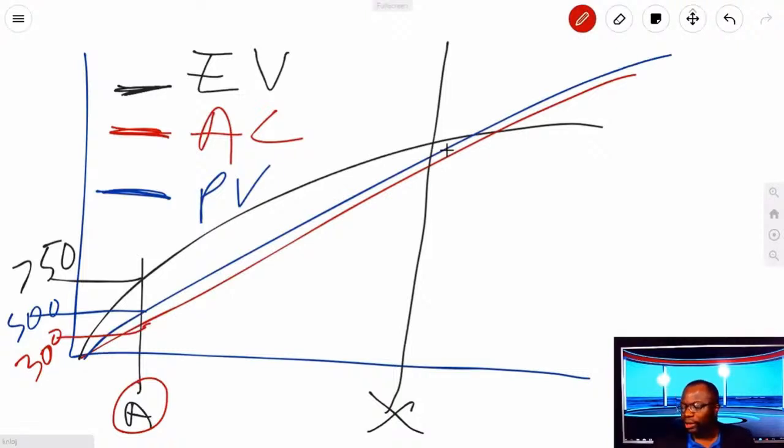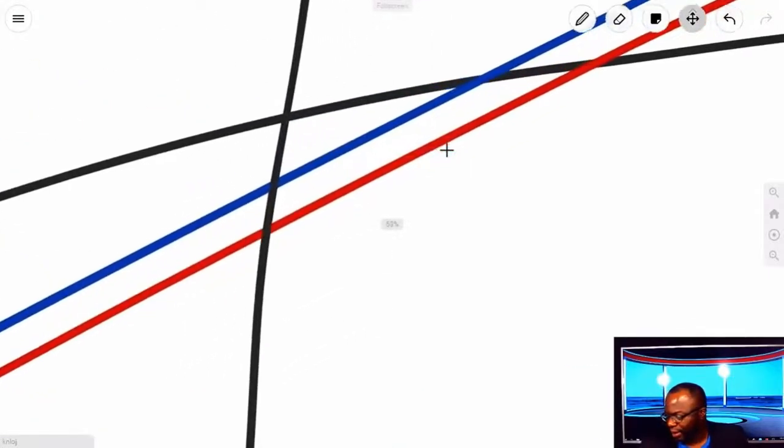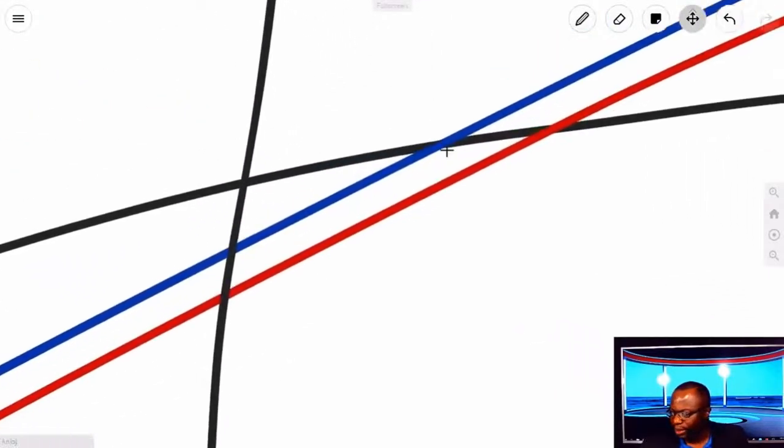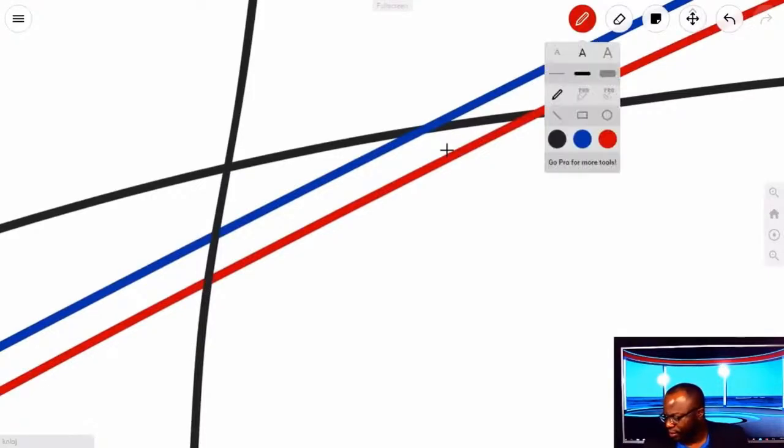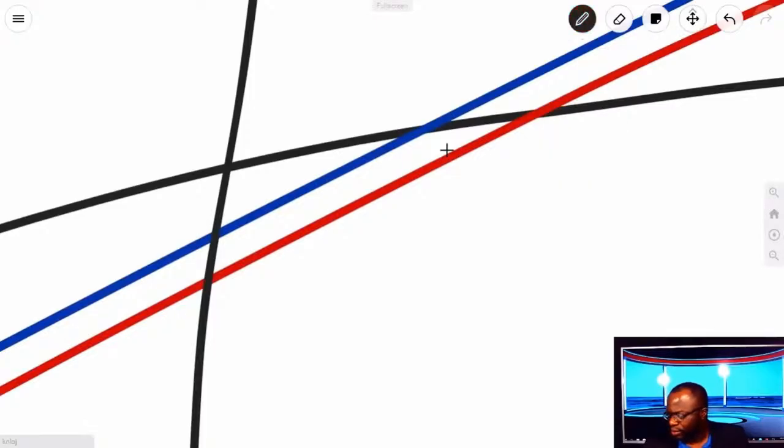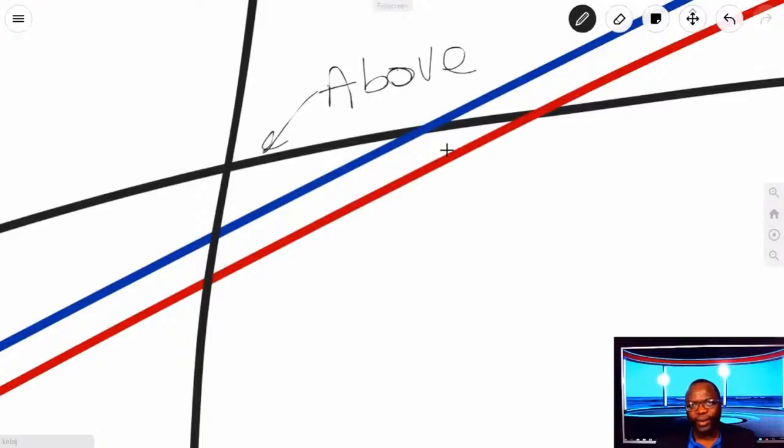Good. So, folks, let me show you what is going on here. Let's zoom in nice and big. What you can glean from this is that this black line is above everything else. Think about it.